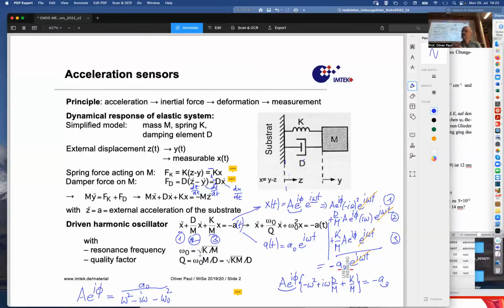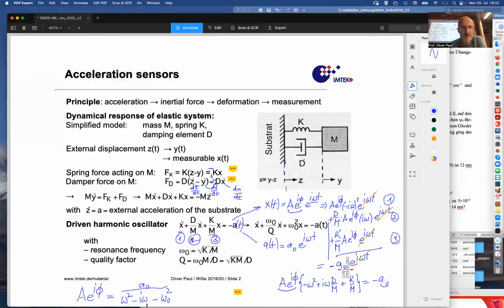This is the natural angular resonance frequency of the mass under the effect of this spring constant. If we only had this mass and only the spring constant and we pulled on the mass, it would oscillate at this angular frequency omega 0.